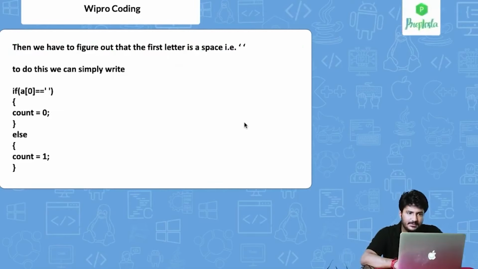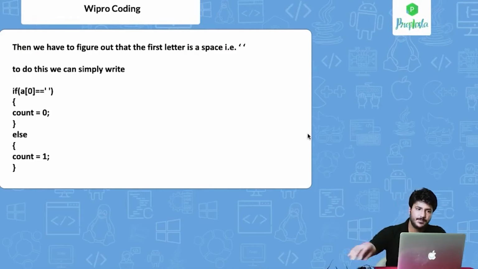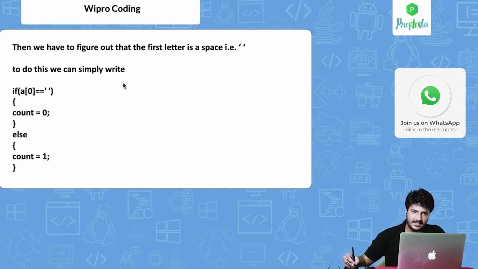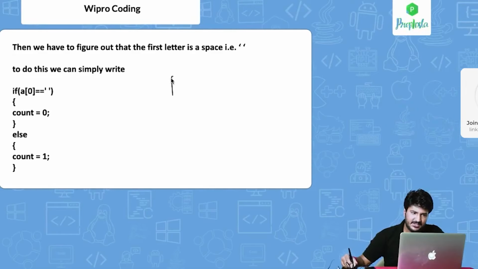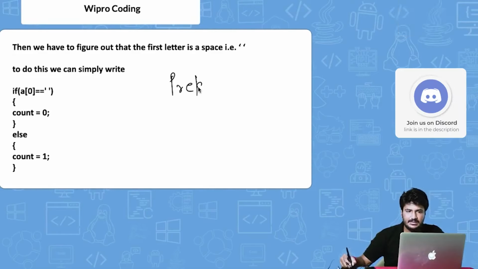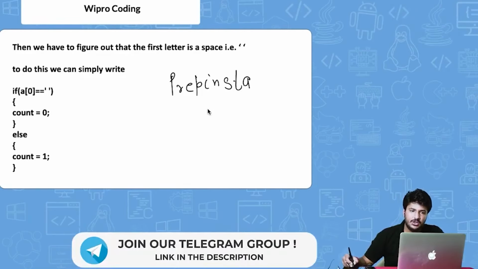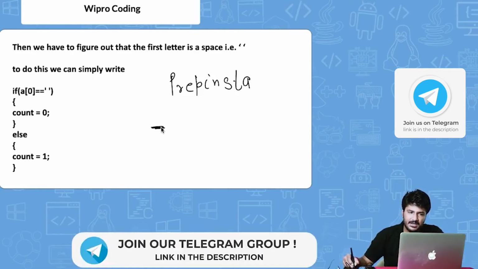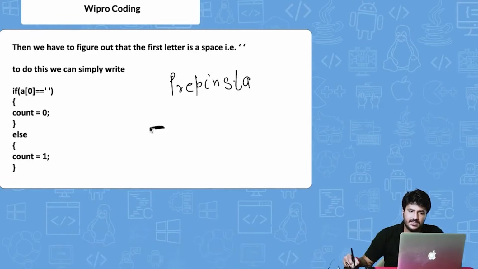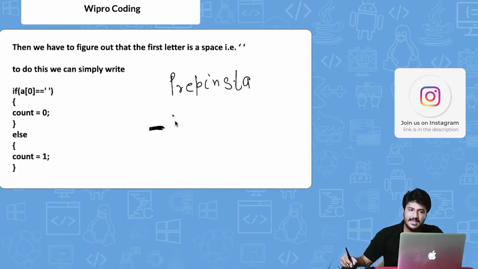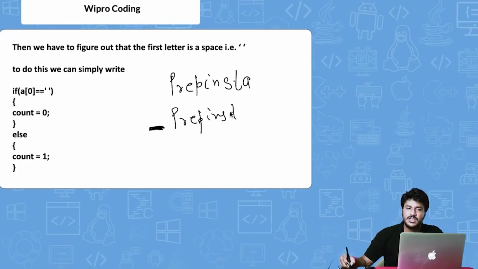The next step is that we have to find a way to count the words. For example, if you write Prepinsta, this is the word, and there could be a possibility that a space is at the start of the sentence itself, and then we write Prepinsta as the first input. So first we are counting the first word whenever it starts.